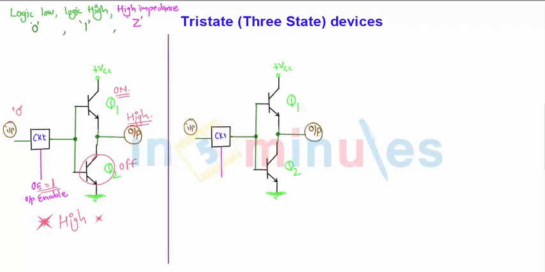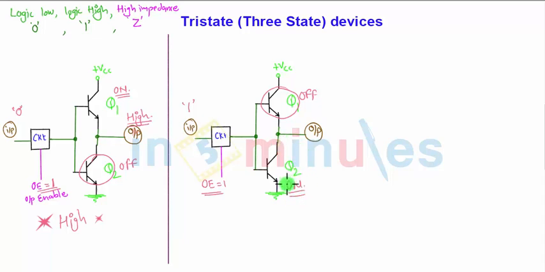Moving on to the second part, what will happen if the input is 1, that is, the input is logic high. Once again output enable is connected to logic 1, that is, output enable is activated, due to which a high input is there at the base. Hence transistor Q1 will be turned off due to the internal circuitry and Q2 will turn on.